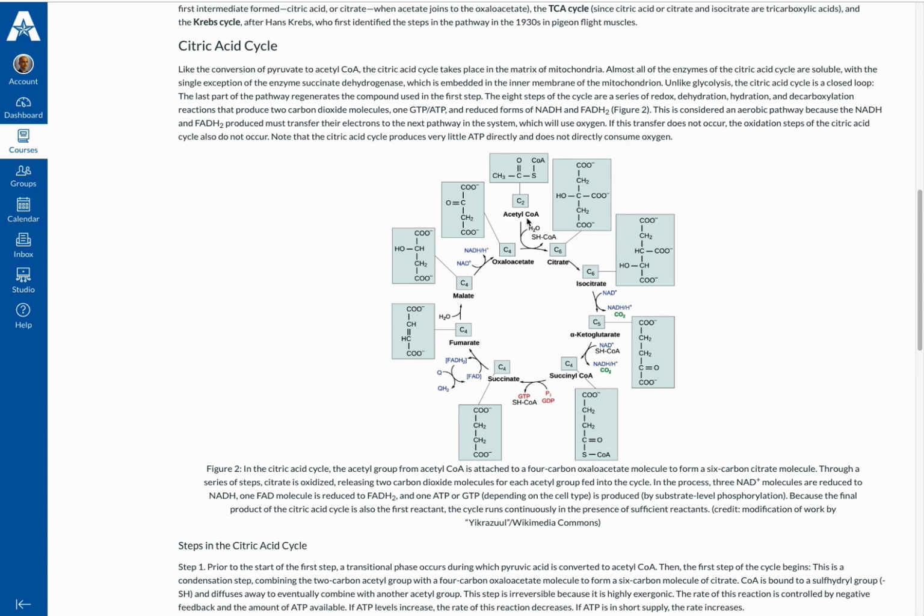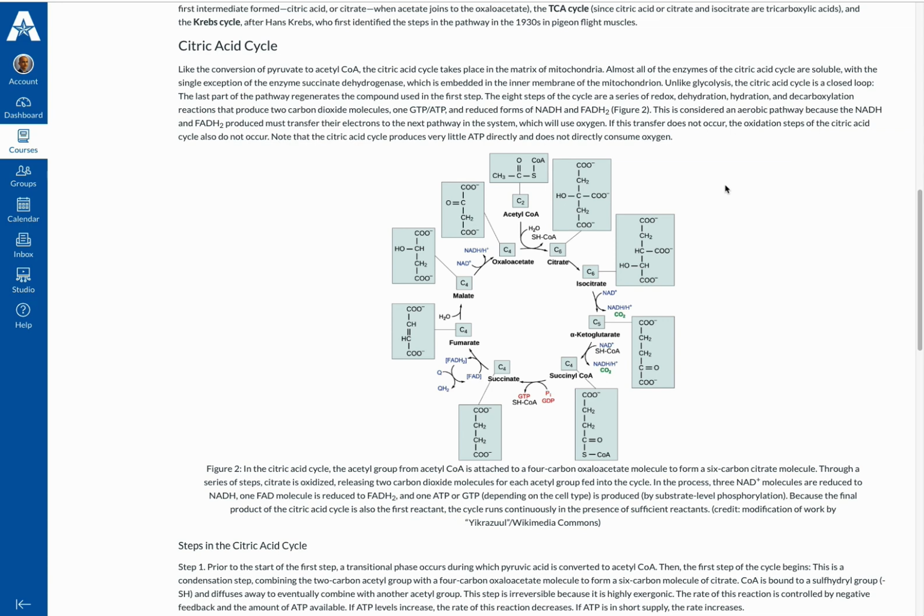And remember, we have 2 acetyl-CoAs, so we actually generate 6 NADH, 2 FADH2, and 2 ATPs in the Krebs cycle, citric acid cycle, whatever you want to call it.